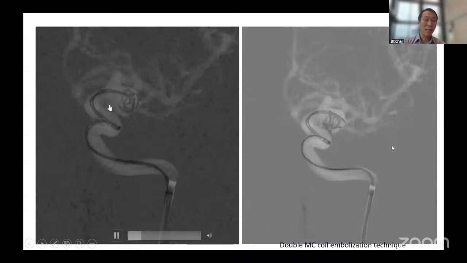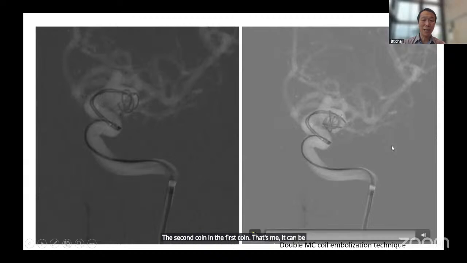And we can slowly adjust the second coil in the first coil. That means the coil loops can be stabilized together, and they can stay in the aneurysm sac only. They do not protrude into the parent artery.